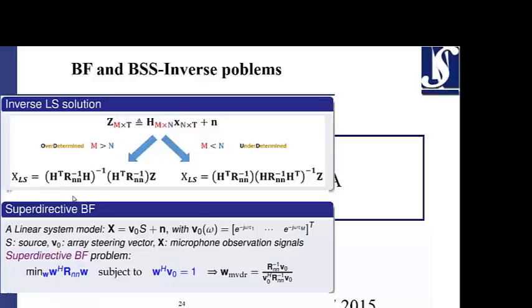V transpose R inverse, and V entirely is inverse, it goes to the denominator. And the rest is H transpose, so this is the transpose already. So when you say H transpose R inverse, and that's the denominator. This is the W that, times the observation, gives you the signal.